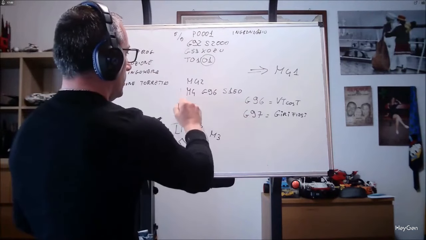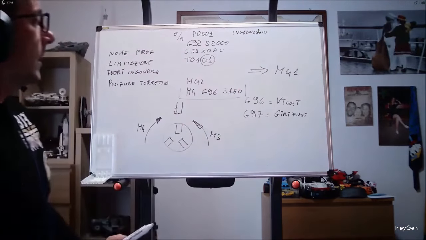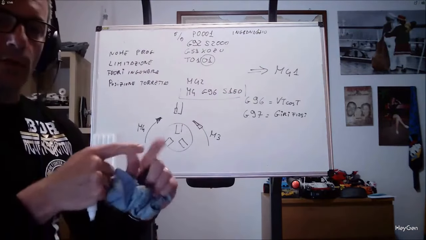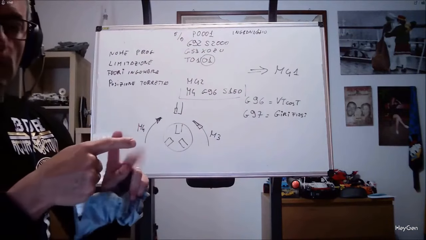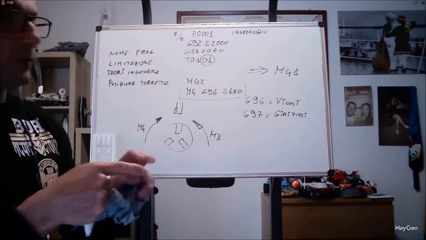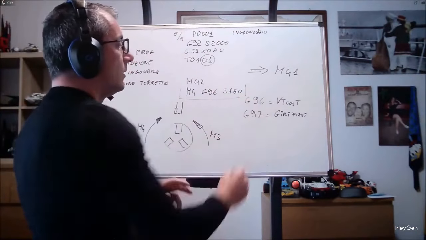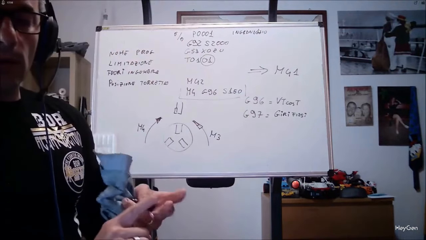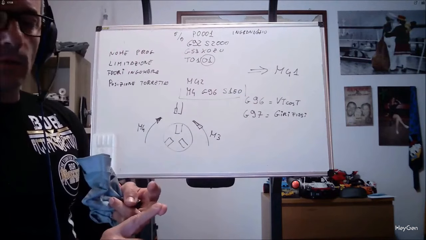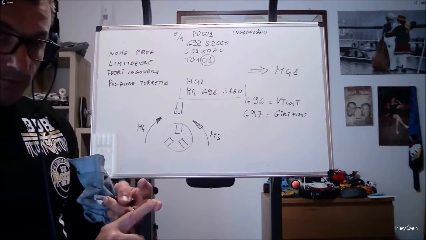So, command line to make the spindle rotate. M4, rotation direction, G96 or G97, constant cutting speed or fixed RPM. Then to these two, how many fixed RPM to use, or what constant cutting speed to use.